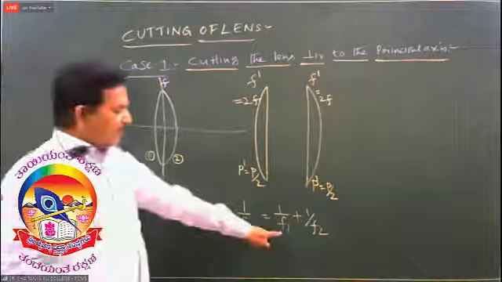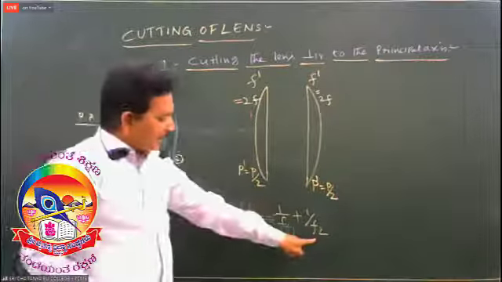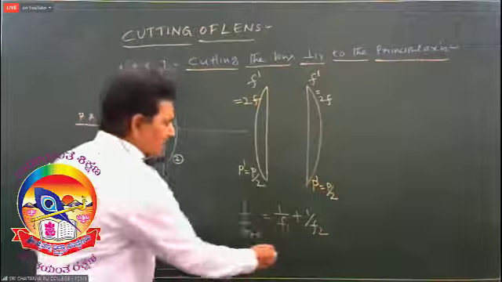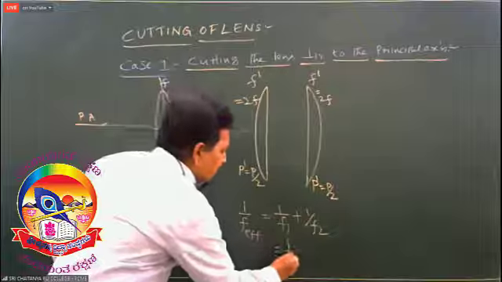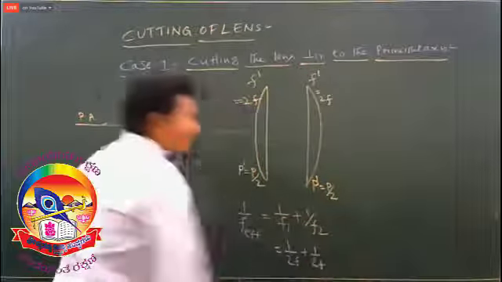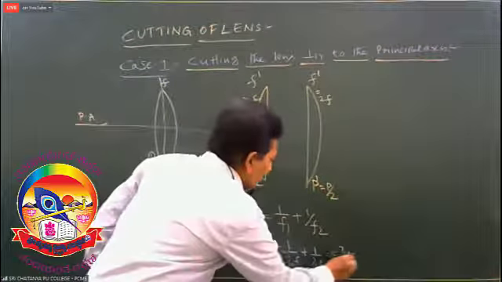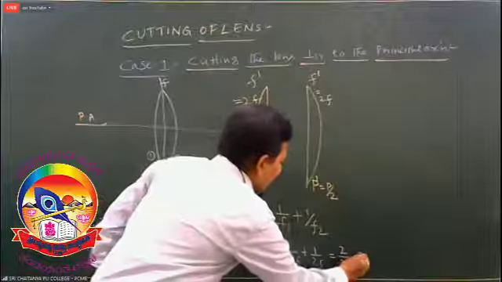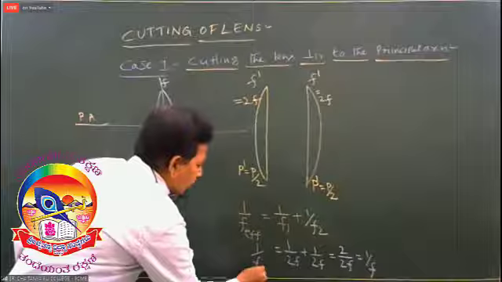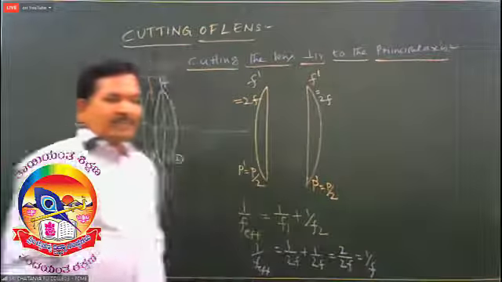The focal length of the first piece is 2f. The focal length of the second piece is also 2f. Substitute in this formula: 1 by 2f plus 1 by 2f is equal to 2 by 2f. 2 gets cancelled. It is equal to 1 by f. Therefore, the effective focal length is once again f itself.